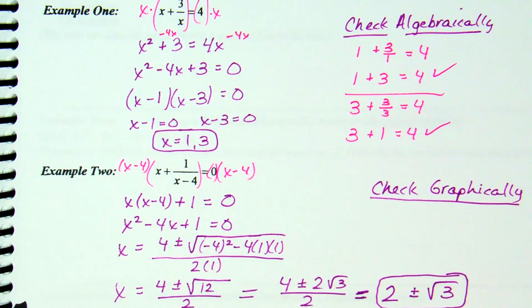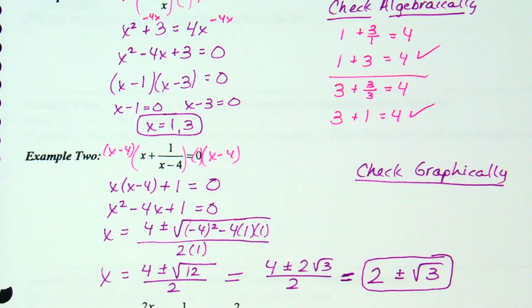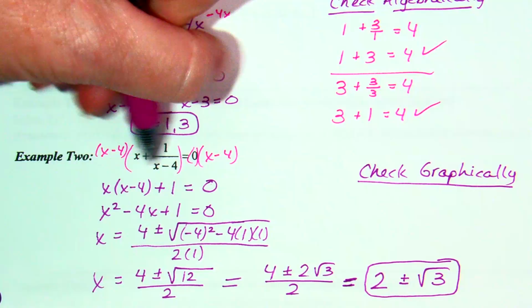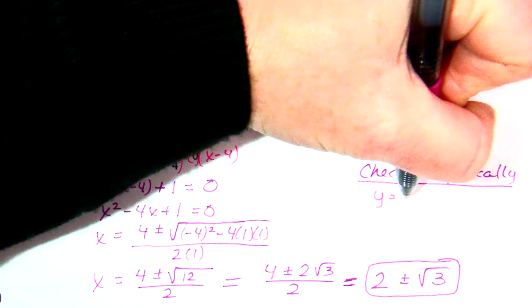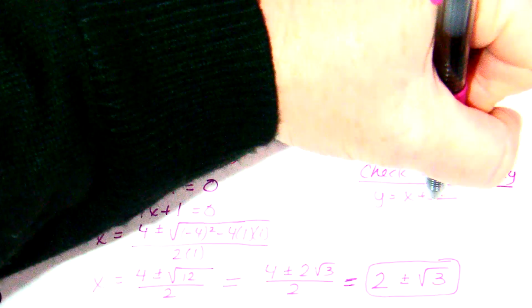How do we graphically check our solutions? Plug in my equation equal to 0. So y equals x plus 1 over x minus 4.